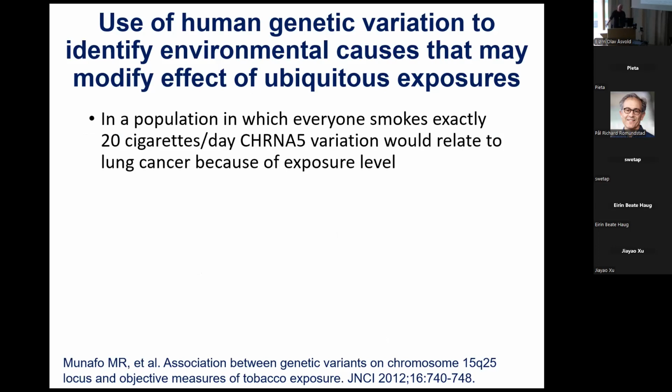And if you look at people who report smoking the same number of cigarettes, the CHRNA5 variant relates to higher lung cancer, because we showed that in this paper. We showed it with some data, including data from Norway. It's because they are smoking more heavily.